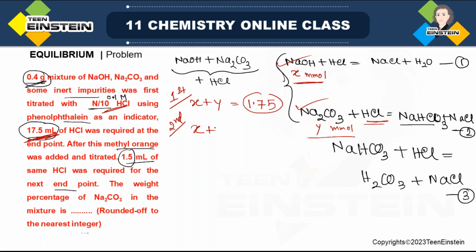Now, if you consider the whole process together, it is X plus 2Y, because for one Na2CO3, 2 HCl are required. So for the overall process, it will be X plus 2Y.